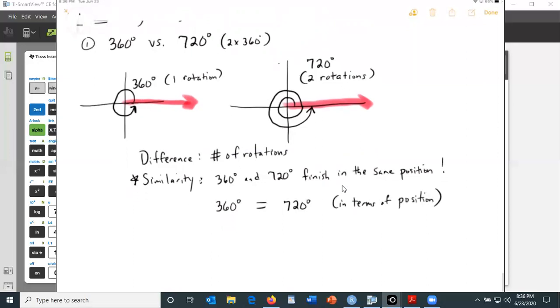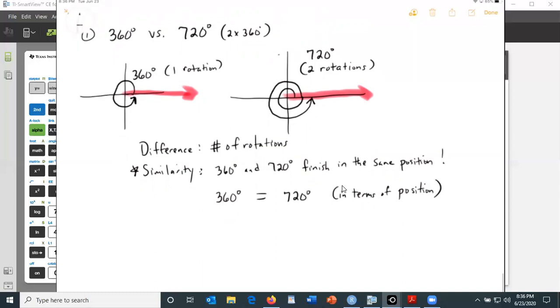So this gives us an idea of how to work with angles that are more than 360. Okay, so let's make that note here.